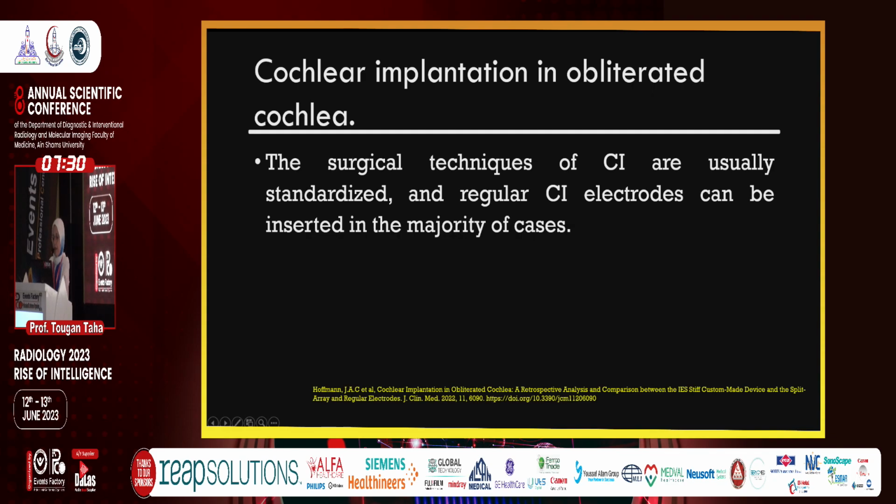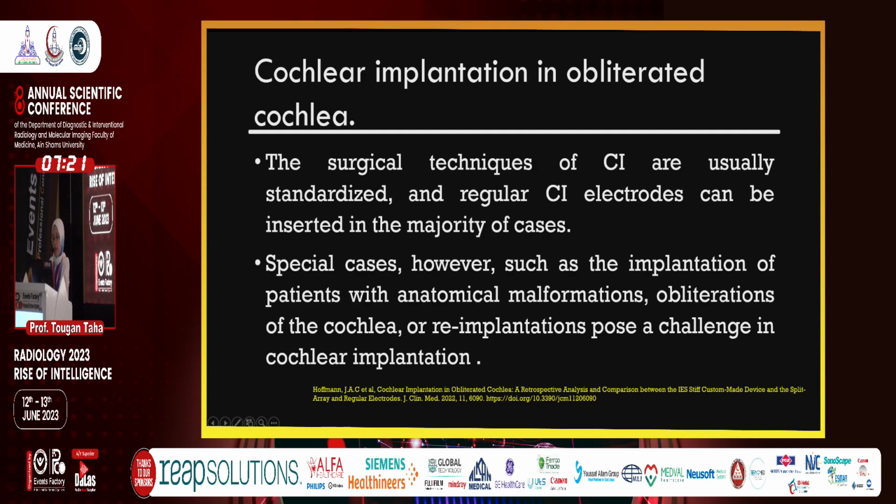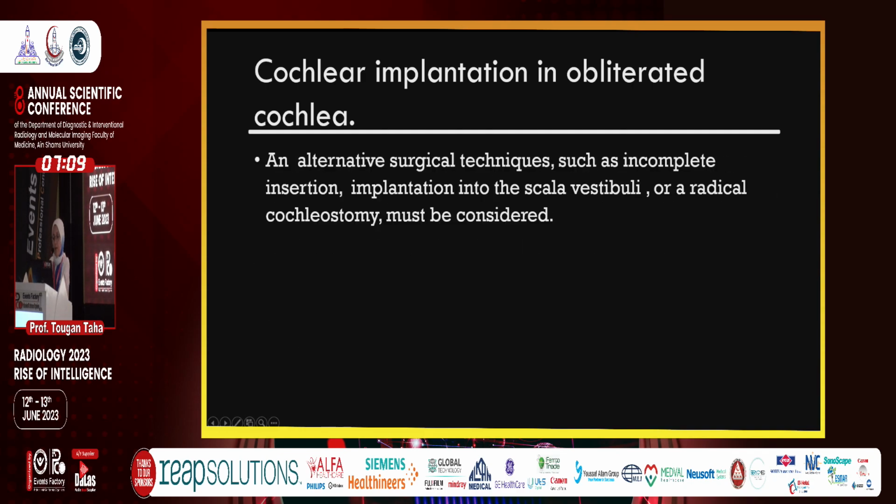The surgical technique of the cochlear implant is usually standardized and the regular implant electrode can be inserted in the majority of cases. Special cases, however, such as implantation in patients with anatomical malformation, obliteration of the cochlea, or re-implantation pose a challenge in the cochlear implant. And alternative surgical techniques such as incomplete insertion, implantation into scala vestibuli, or radical cochleostomy must be considered.